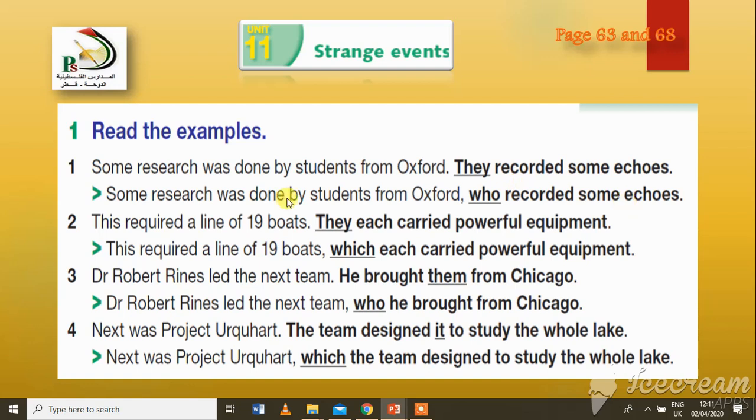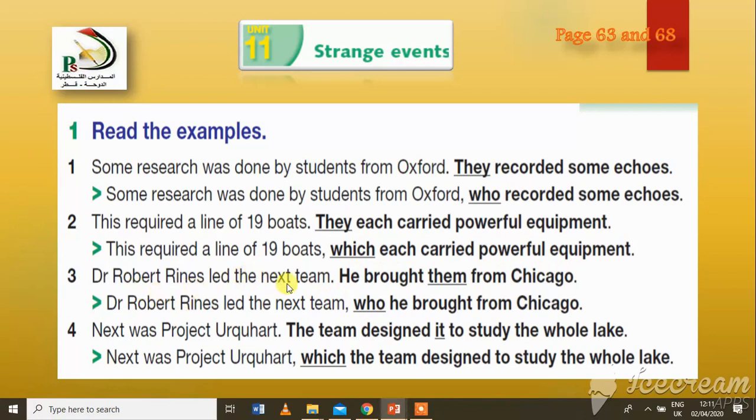Some research was done by students from Oxford, comma, who recorded some echoes. So they is replaced by who. And we used a comma here after the main clause. This required a line of 19 words. Full stop. They each carried powerful equipment, comma, which each carried powerful equipment.